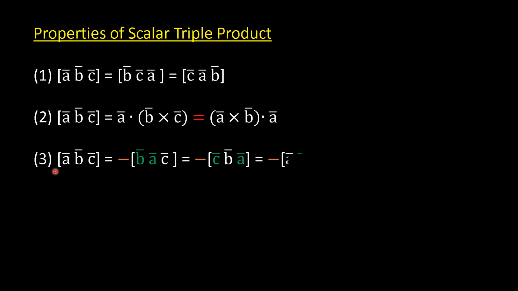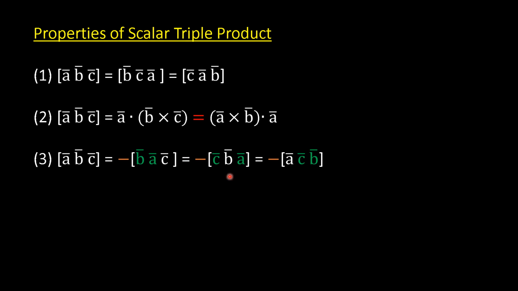Third property, box a bar, b bar, c bar equals minus box b bar, a bar, c bar, because we have made a single change in the order of a bar and b bar, which is same as minus box c bar, b bar, a bar.